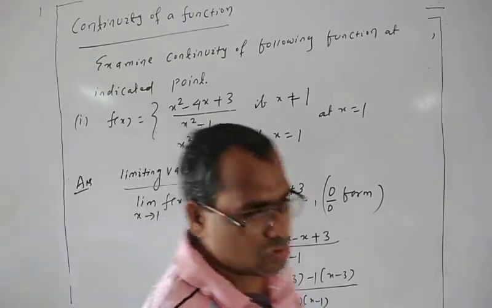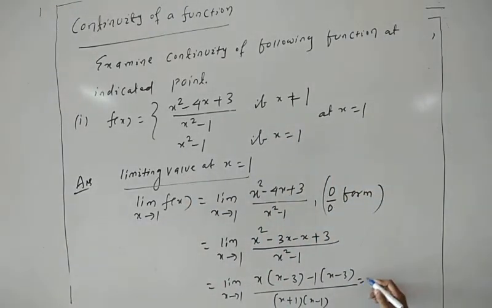So this is equal to limit x tends to 1 of (x minus 1) into (x minus 3) by (x plus 1) into (x minus 1). After factorization, cancel the common factor. So here x minus 1 cancels, then put x is equal to 1.